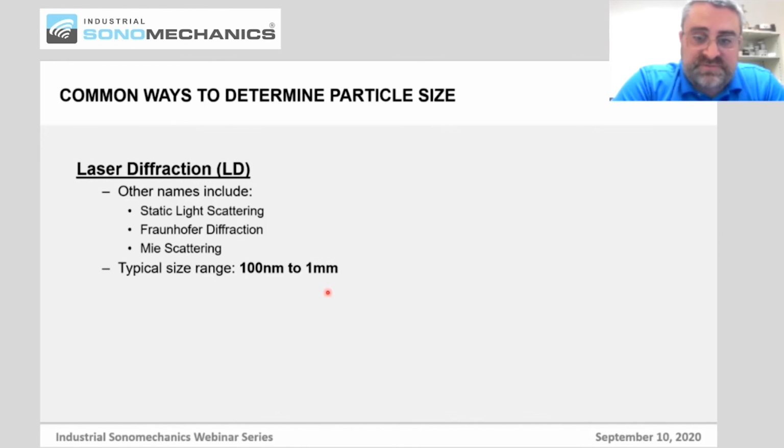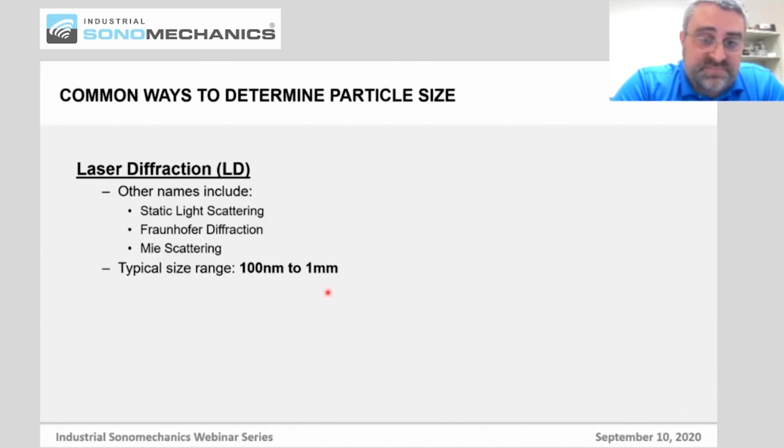Different brands, different engineering of instruments, they can extend that range a little bit depending on, like I said, how it's made and the detection system, the laser, the light source, things like that. You can probably get down to 10 to 40 nanometers, as high as 2.5 to 3 millimeters. But the typical range, like I said, is 100 nanometers to 1 millimeter.